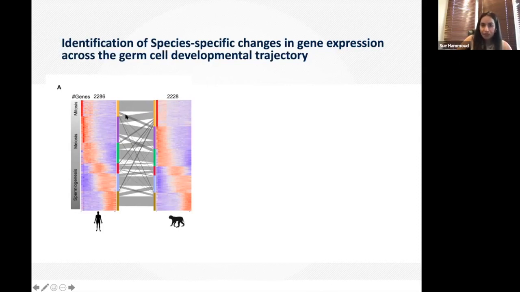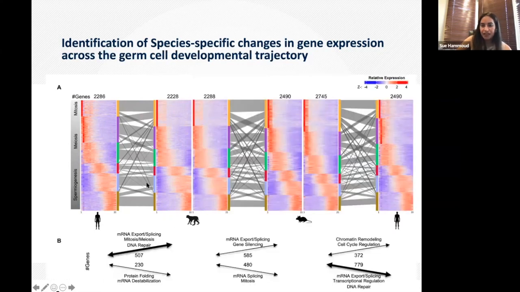However, there are variations in temporal expression of certain genes across the differentiation trajectory, and this is worsened as you increase evolutionary distance across species. So here you're seeing more lines off the diagonal. The genes that are not connected across species tend to be DNA repair genes or genes involved in RNA splicing, as well as RNA binding proteins.